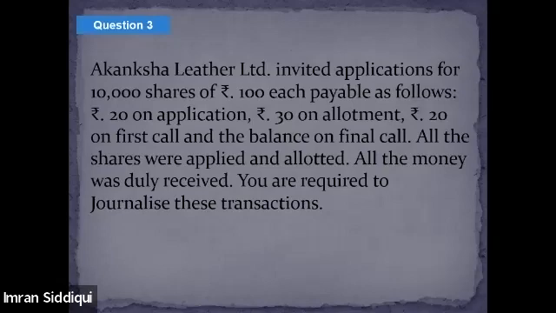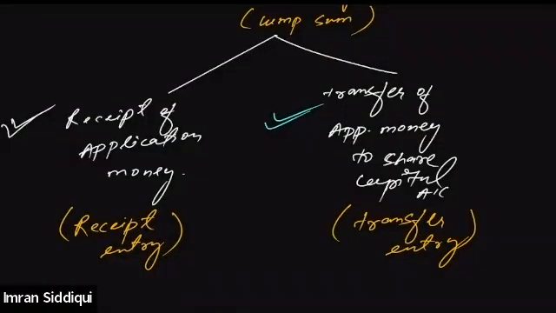Out of 100 rupees, 20 rupees on application, 30 when shares are allotted, 20 rupees on first call, and the balance on the final call. And we need to pass the general entry.